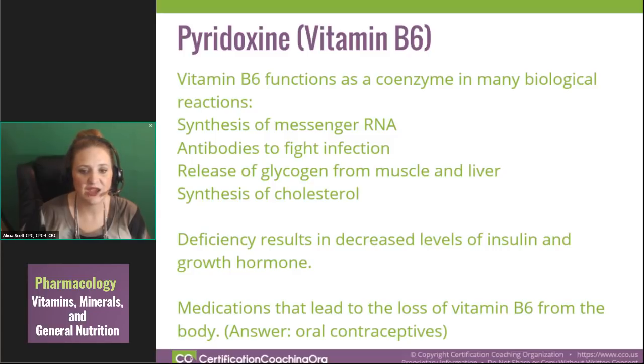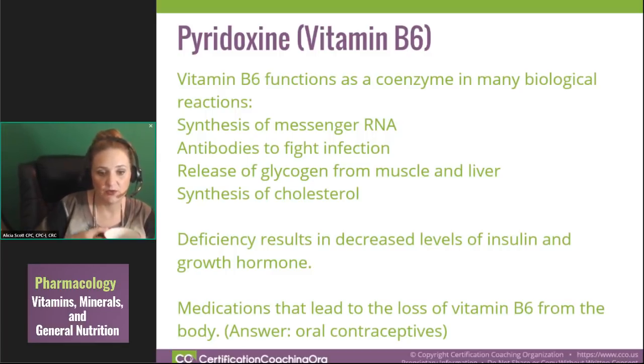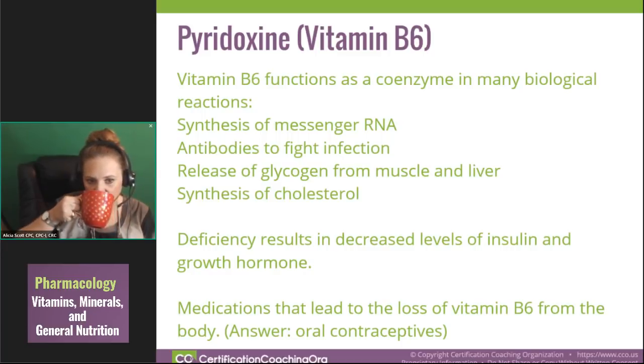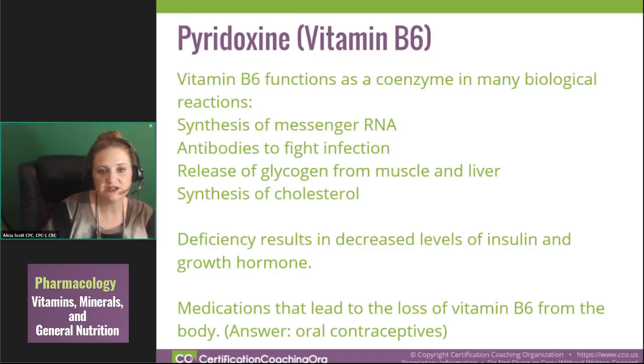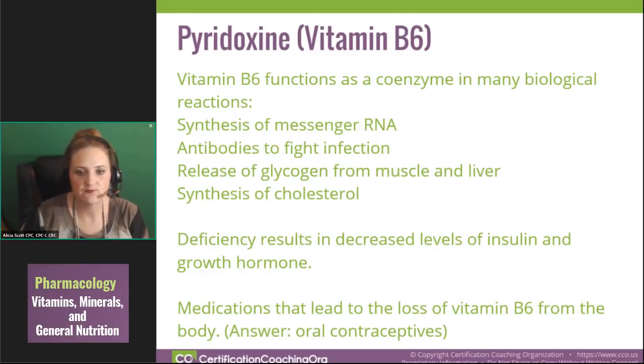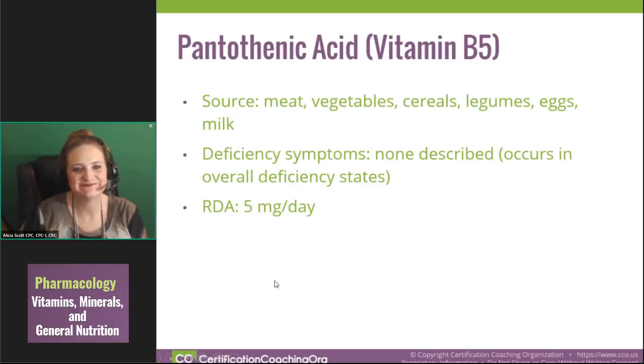If you have a deficiency, that means you're going to have decreased insulin and growth hormone. So a decreased insulin means you're going to have diabetic symptoms, and growth hormone meaning you're not developing properly. And one of the things that contributes to this that you may not realize is oral contraceptives, birth control pills. It lowers the B6 in the body. Don't talk about that very much, do they?